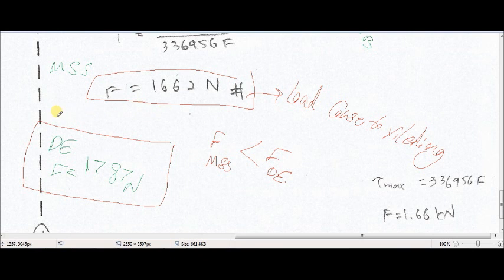So it will say that the material will fail at a load smaller than the load predicted by distortion energy theory. That's why we call maximum shear stress theory a conservative theory, which predicts the failure earlier than distortion energy theory.